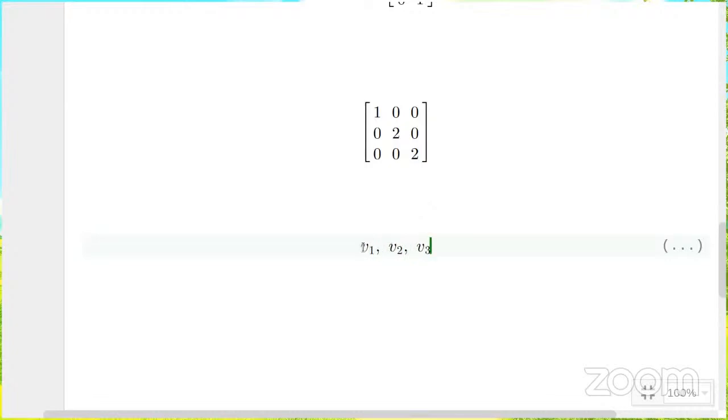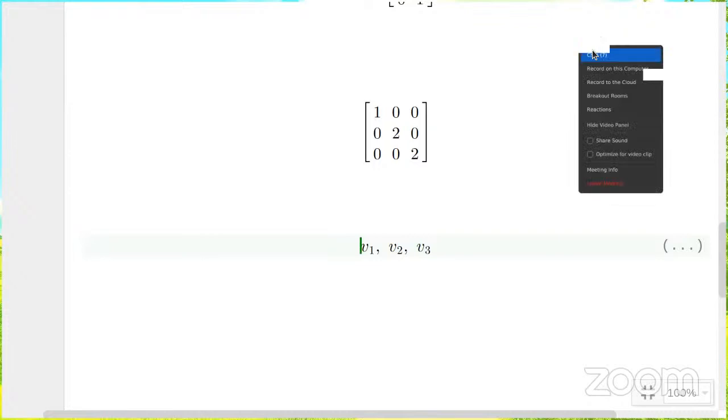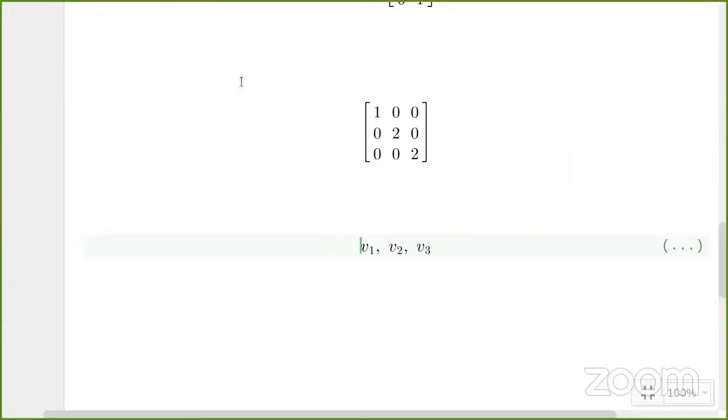So V1 should correspond to, say, an eigenvalue of 1. V2 and V3 maybe correspond to eigenvectors of lambda equal to 2. And these three together should be linearly independent. Is that convincing or?